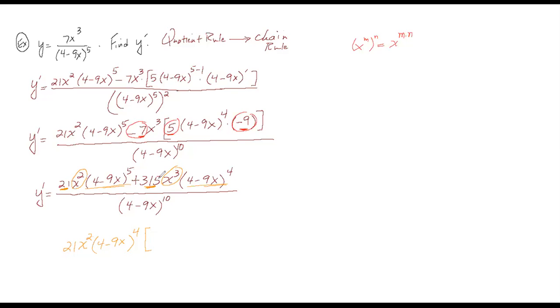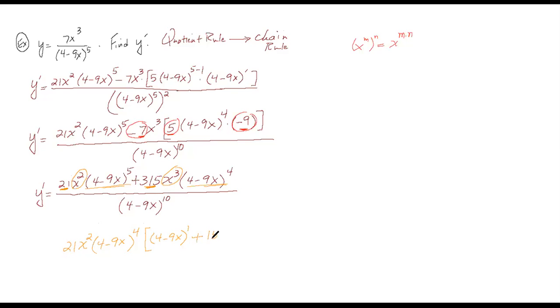terms. The first one's just going to give me 4 minus 9x, because 21 divided by 21 cancels. X squared divided by x squared cancels. If I did power 5 divided by power 4, I get one more. Now let's do 315 divided by 21.